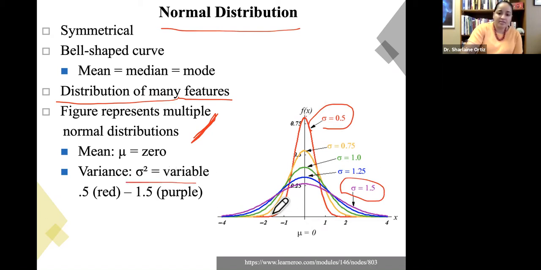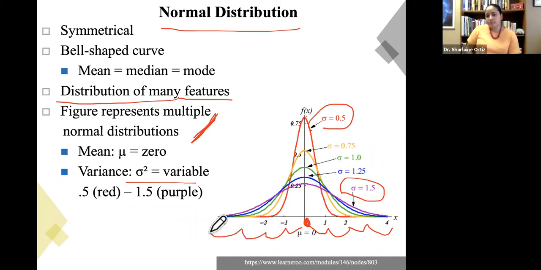What we mean by variance is how far we move from the average, the mean. How much am I moving away from that center? For the red one, we find that variance here, whereas for the purple one, we find it here.